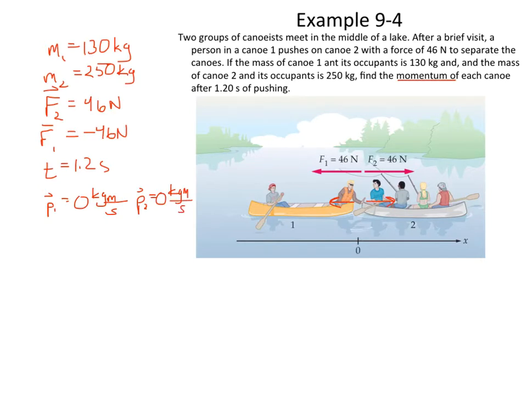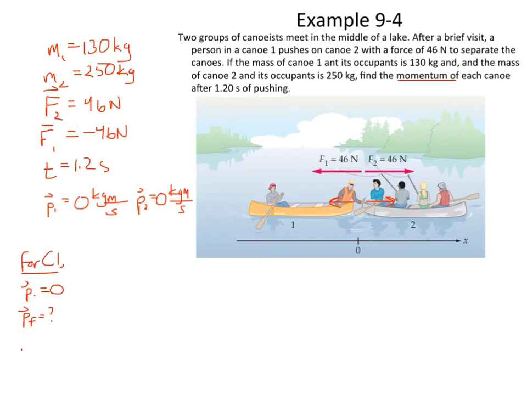All right, that should help enable us to find the final momentum of each canoe. Well, let's just start with canoe 1. For canoe 1 right here, the initial momentum is 0. Momentum final is what we want to know right here.